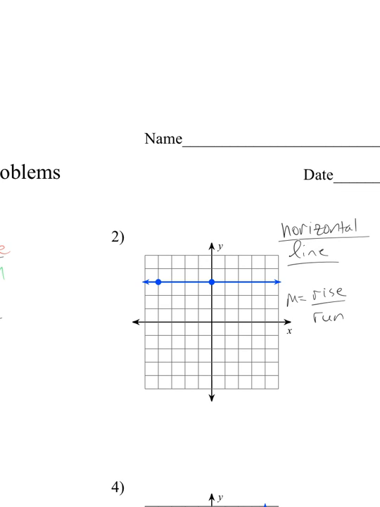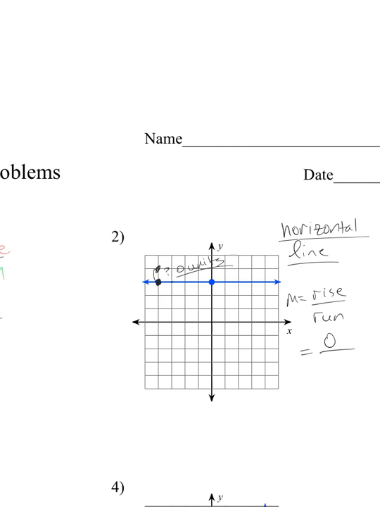Okay, the rise of this graph, if you're starting at this point here to the left that I'm highlighting, to get to the next point, do you need to go up? Okay, do you need to rise? No, you don't need to rise. The rise is 0 units. You don't go up at all. Okay, so rise of a horizontal line is 0.